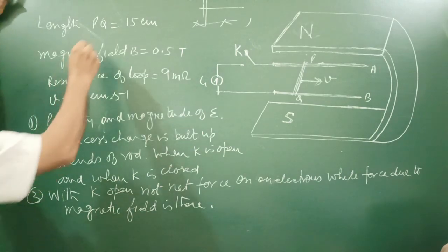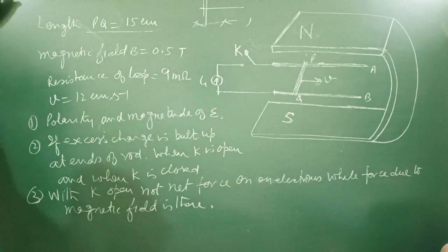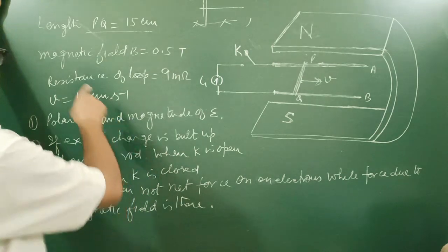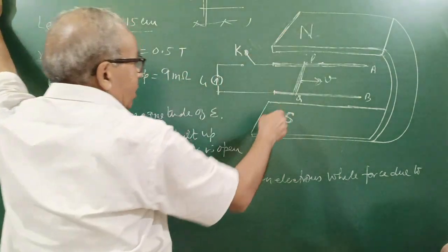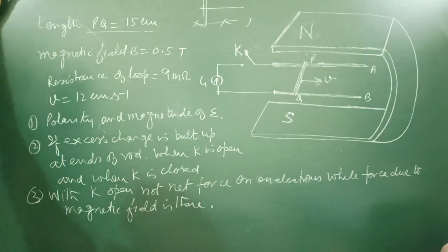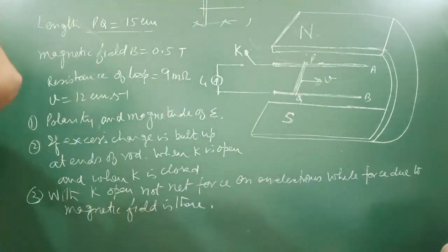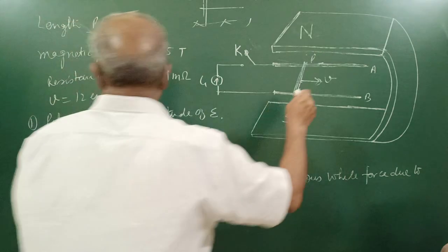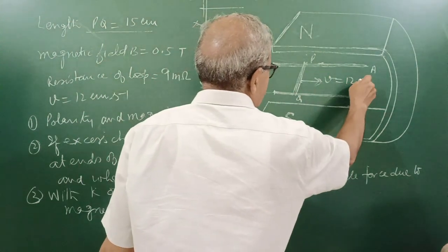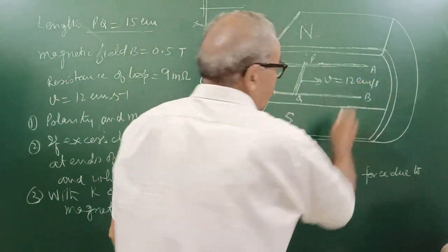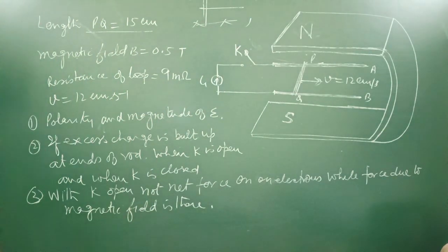Here you are given that the length PQ is 15 centimeter, the magnetic field due to this magnet is 0.5 tesla, the resistance of the loop is 5 milliohm, and the constant velocity V is 12 centimeter per second.